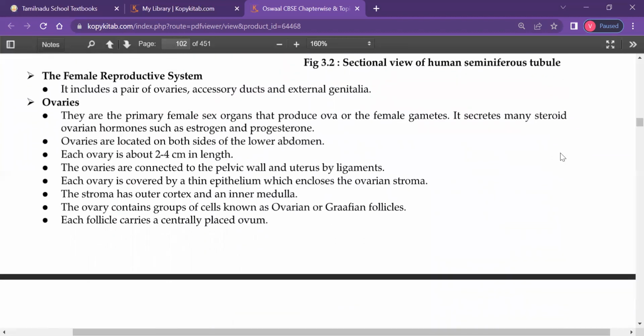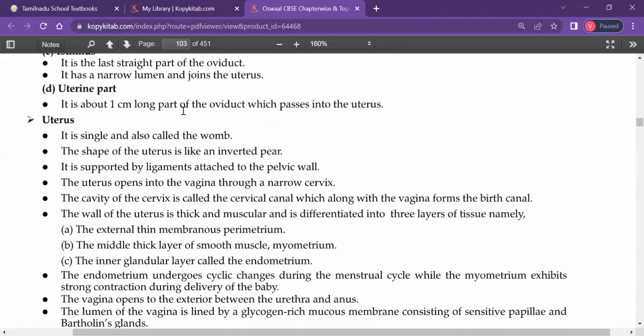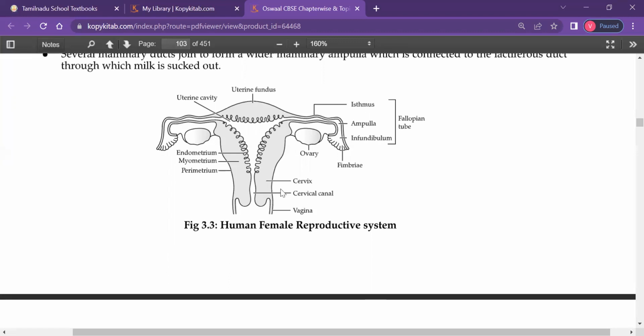What is the female reproductive system? It includes a pair of ovaries. First, we will go through the picture. Female reproductive system, what is it made up of? Ovaries. Then from here we receive the ovum, and it settles here.